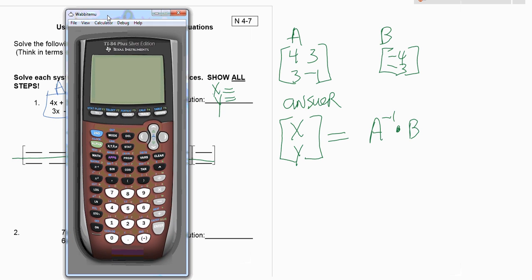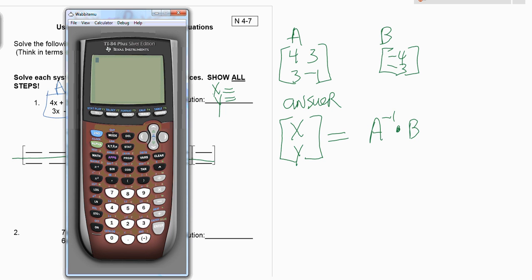And get your calculator out. Let's edit matrix A. That's going to be 2 by 2, right? Let me change the dimensions on that. And we have 4, 3, 3, and negative 1.